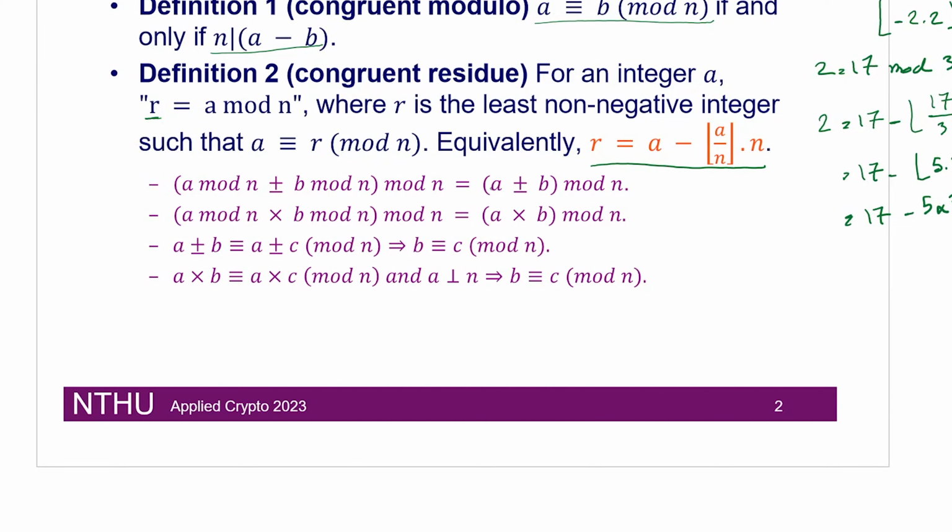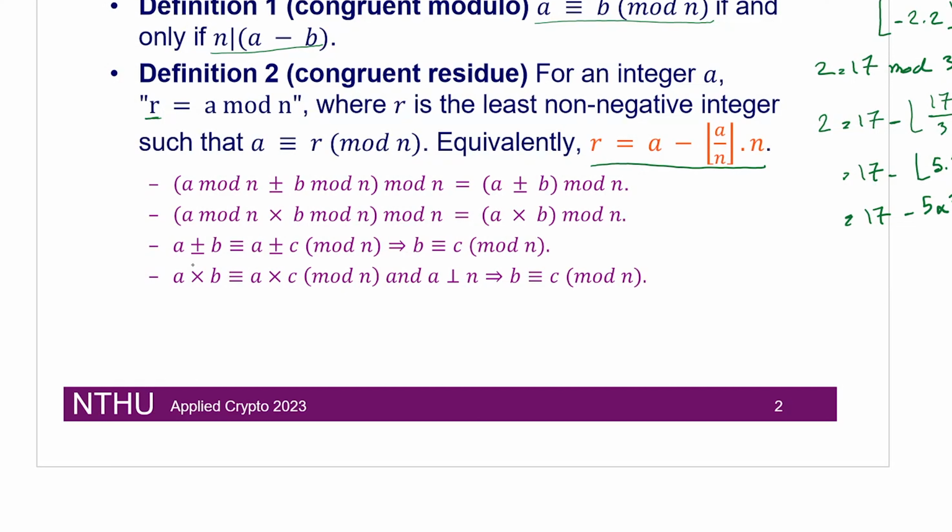We can just directly add or subtract them and compute the mod n. So you don't have to do these two operations; it seems to be redundant. Similarly, when you want to do multiplication, you don't have to apply mod n to A and B before you multiply them. You can just directly multiply them and then apply mod n.